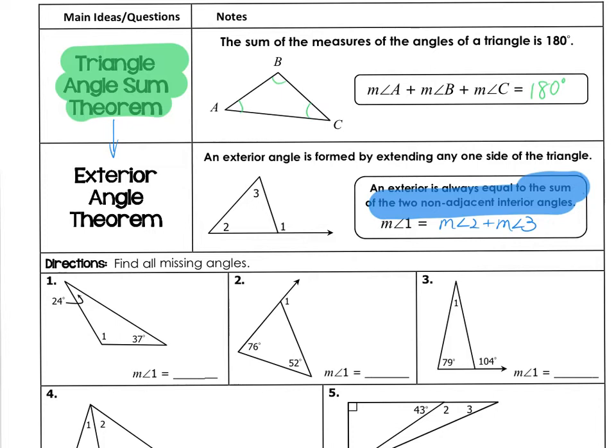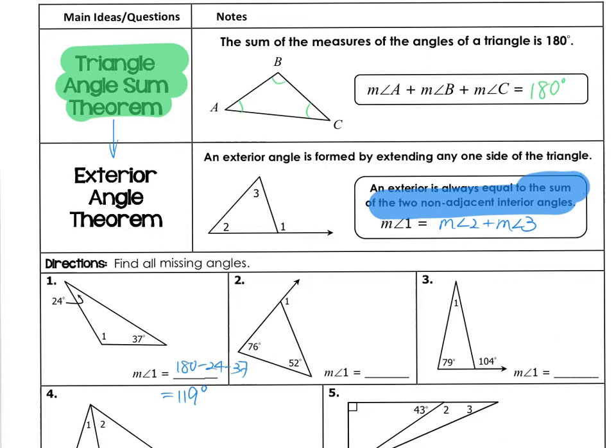So next, let's look at some of the problems below. They're fairly easy. A lot of you have done this before. So here we're asked to find all missing angles. For number 1, angle measure 1 should be just 180 minus the other 2, and you should have 119 degrees.